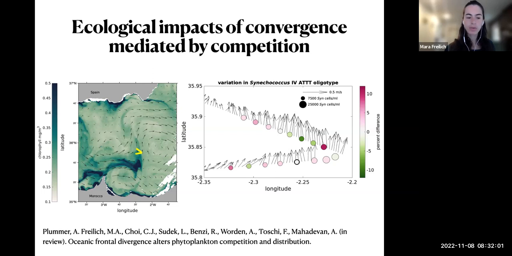And in a paper we've had in review, co-led with Abigail Plummer, we showed that this divergence and accumulation of material at fronts can alter the outcomes of competition by phytoplankton, but that the rates of competition by phytoplankton have really important implications for what will be the effects of this divergence.